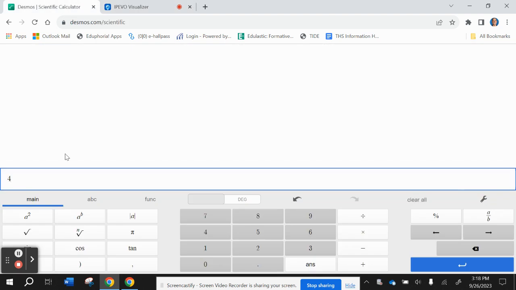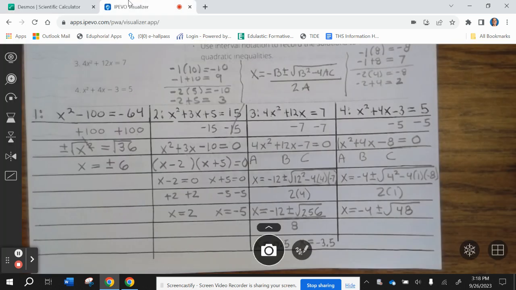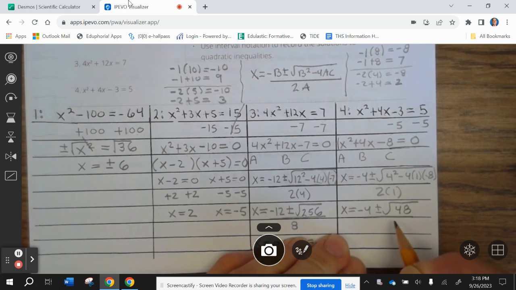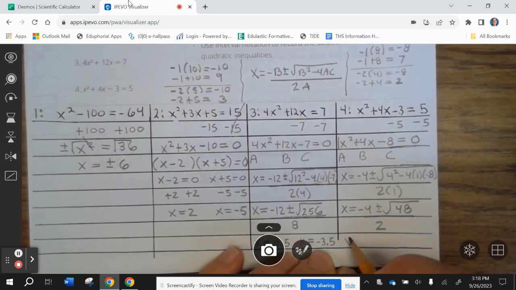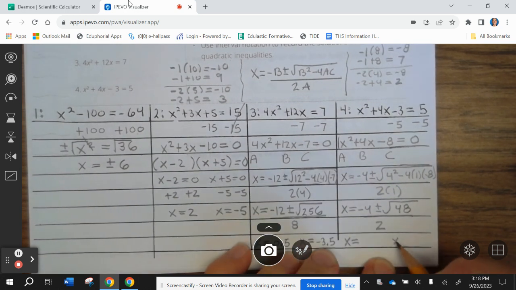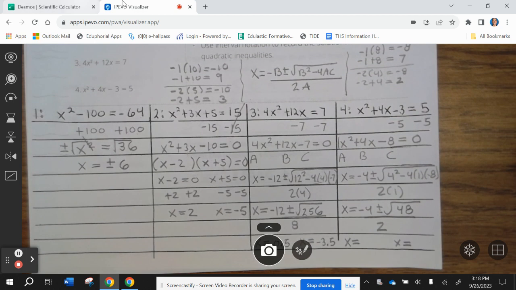So 4 squared minus 4 times 1 times negative 8 is 48. Divided by 2. And then we can plug that into our calculator and get those numbers.